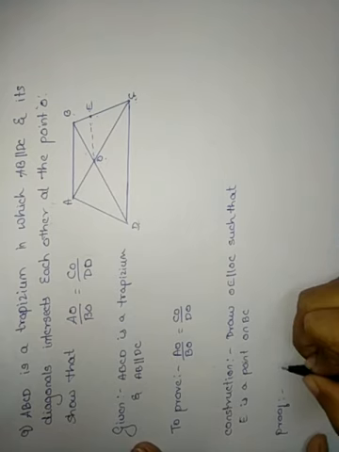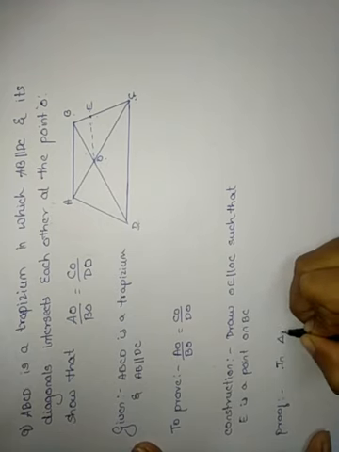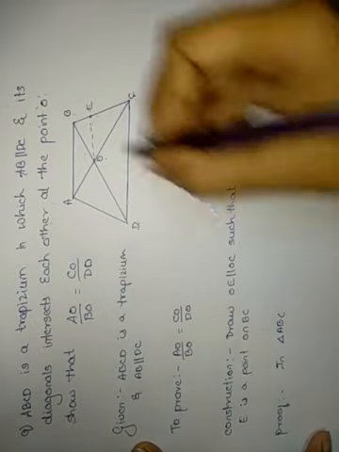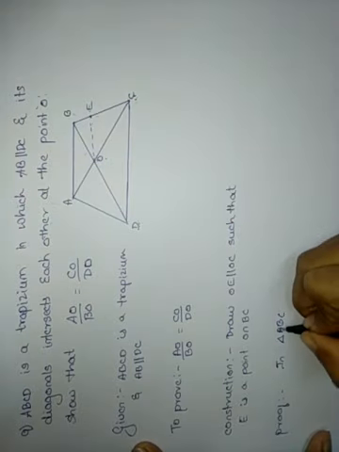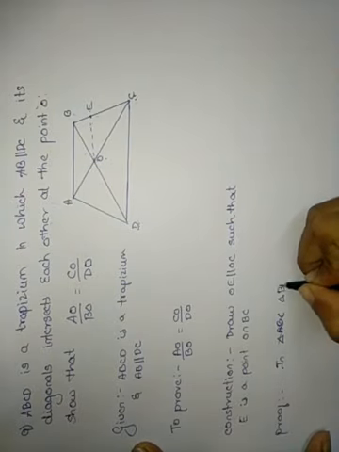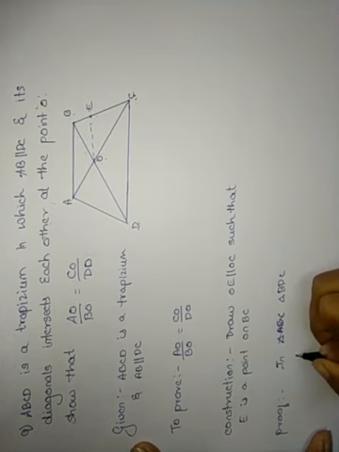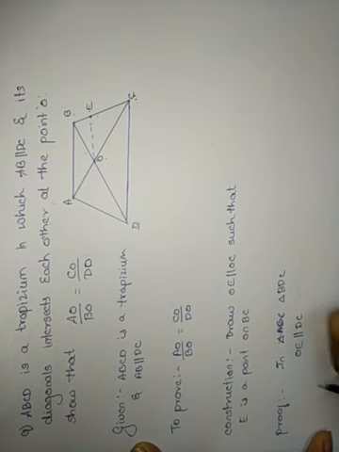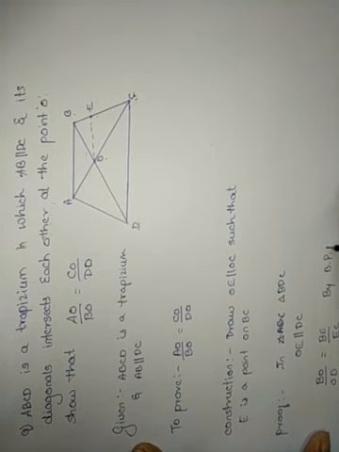We'll write: in triangle BDC, OE is parallel to DC. By the basic proportionality theorem, BO divided by OD is equal to BE divided by EC. We will call this 1.